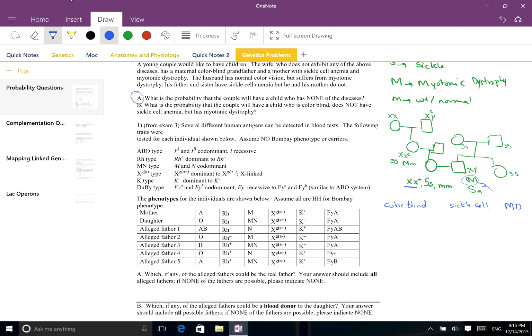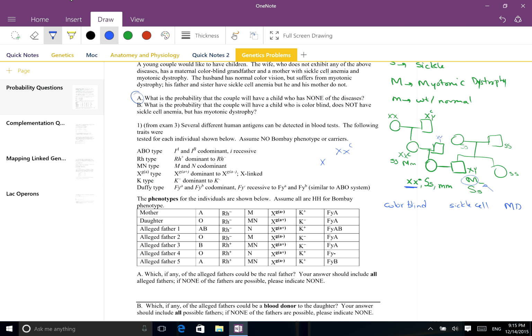here, the probability that the mother is a carrier depends on this one. We know that her father is normal, because if he had it, that would have been mentioned in the question. So the probability, let's look at the mother. It's her mother, sorry. That's from dad.